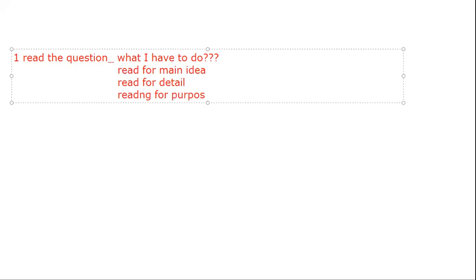Whenever we do the session, we do it in a way where we are doing one such type of questions so that it becomes easier for you to get acquainted with that particular question type. So the first thing you do is you read the question prompt and you try and find out what you have to do. Do you have to read for main idea, for detail, or for purpose?